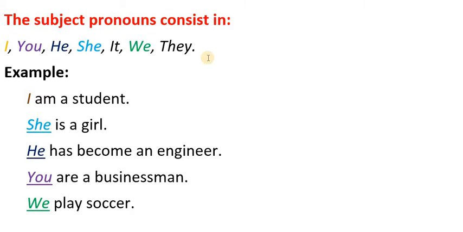I have a specific example for each subject pronoun. The first one is, I am a student, and here the subject pronoun is I. The next one is, she is a girl, and here the subject pronoun is she. The next one is, he has become an engineer. The subject is definitely he. You are a businessman. The subject is you. And the last one, we play soccer.